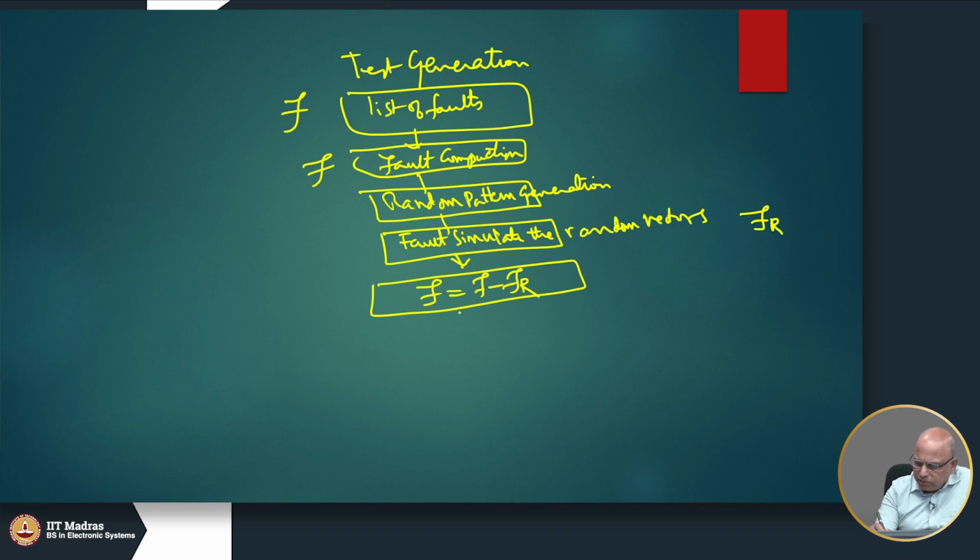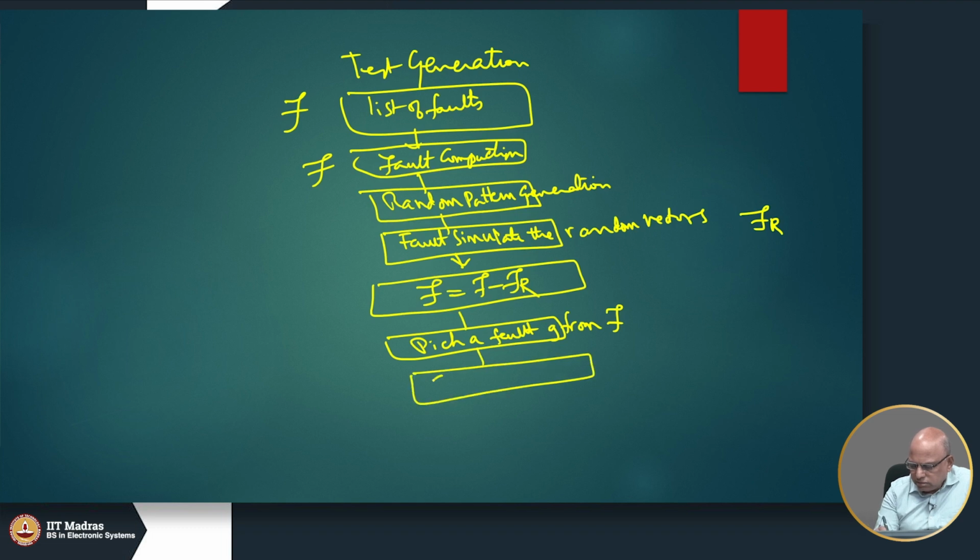right. Then we pick a fault G from F, then generate a test T for G, then fault simulate T, okay, and let us say it results in Ft.